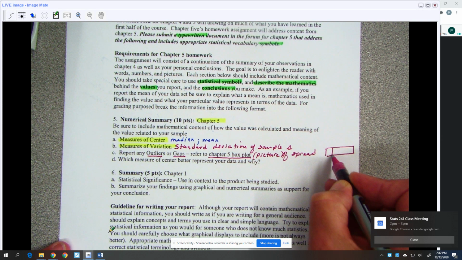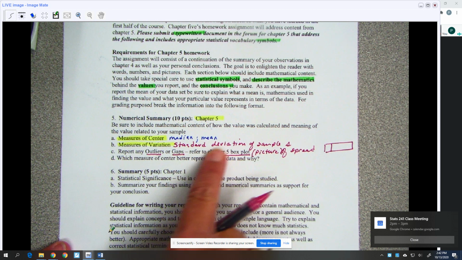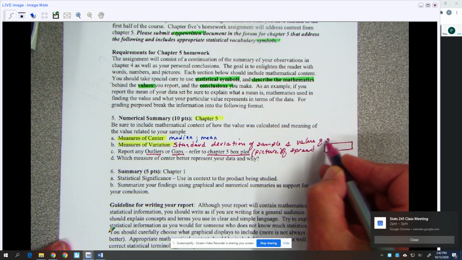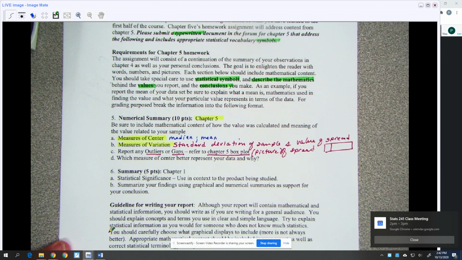Kind of tells us that's pretty spread out and not very symmetric. Where the measure standard deviation is a value of spread. It's like money. If I have a $10 bill, it's more valuable than a $1 bill. If I have a standard deviation of 10, it's much more spread out. That's what variation means, spread.